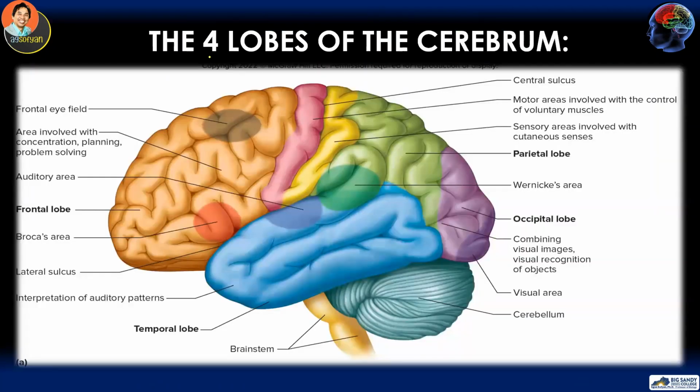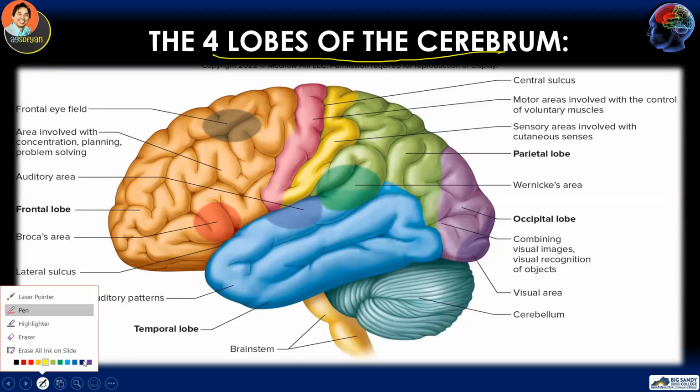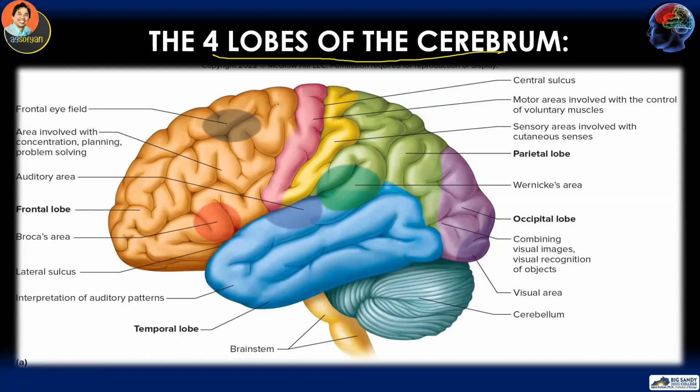Now, the four main lobes of the cerebrum. Again, the frontal part should be here, starting from here. This is a special gyrus over here, in a different color.